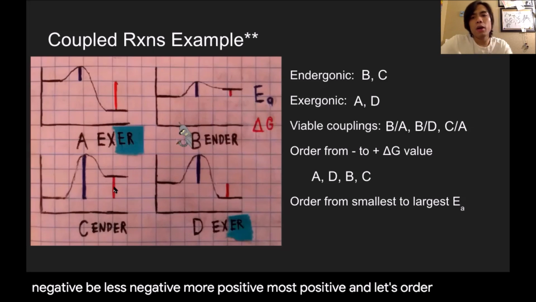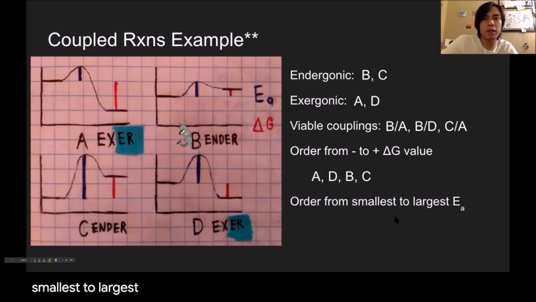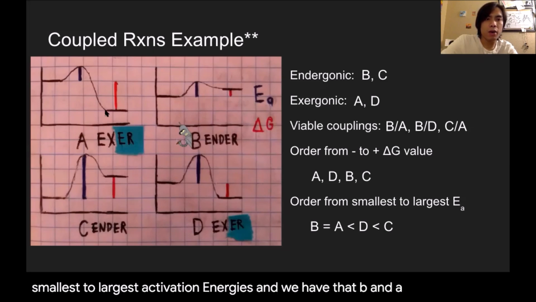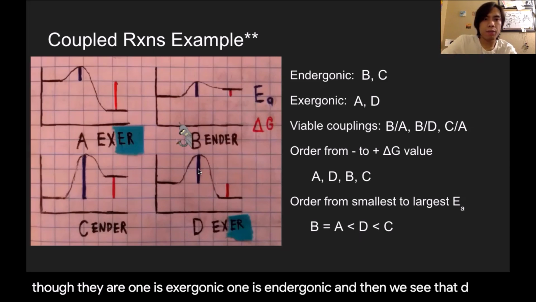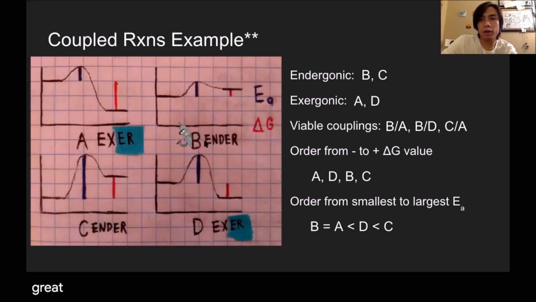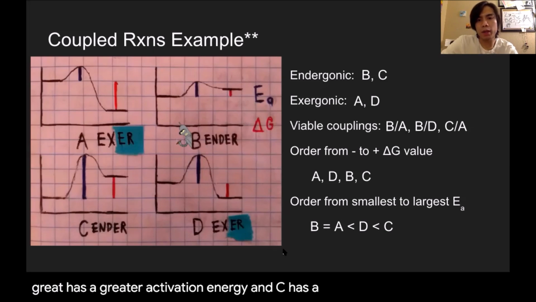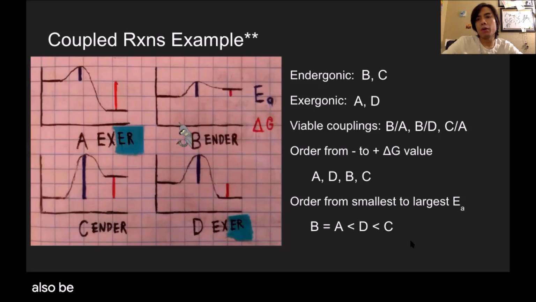And let's order from the smallest to largest activation energies. We have that B and A are equal, even though one is exergonic and one is endergonic. And then we see that D has a greater activation energy, and C has the largest one. So this would also be ordered from the fastest reaction to the slowest reaction.